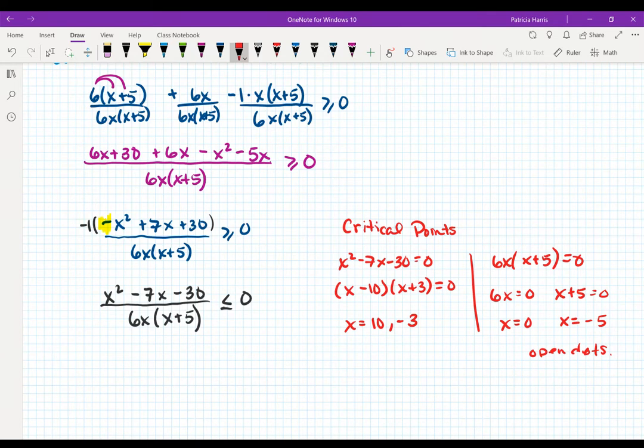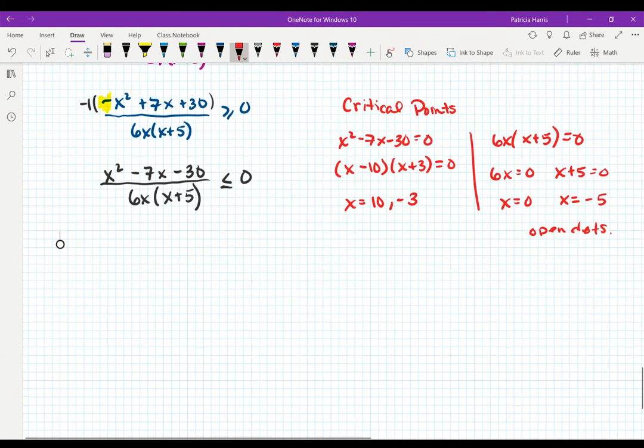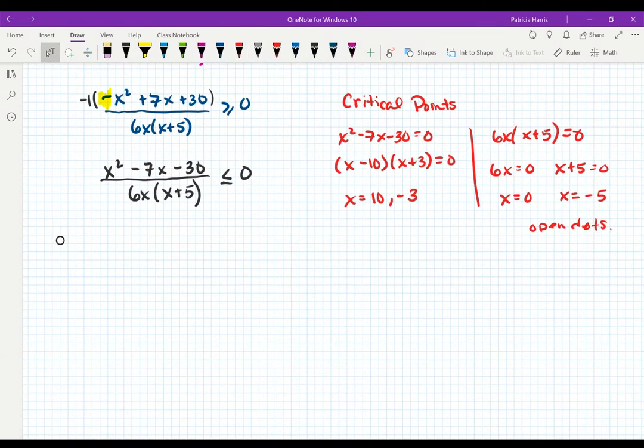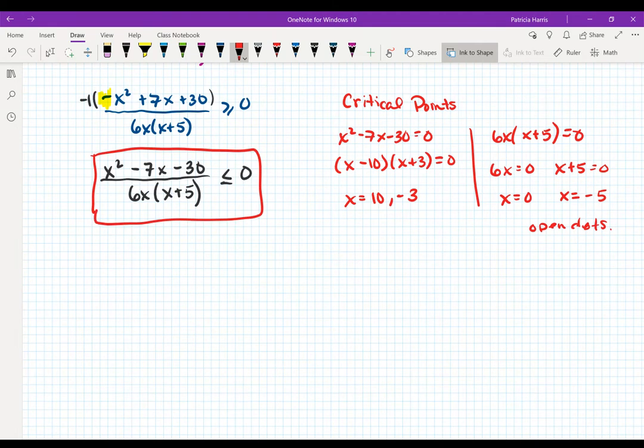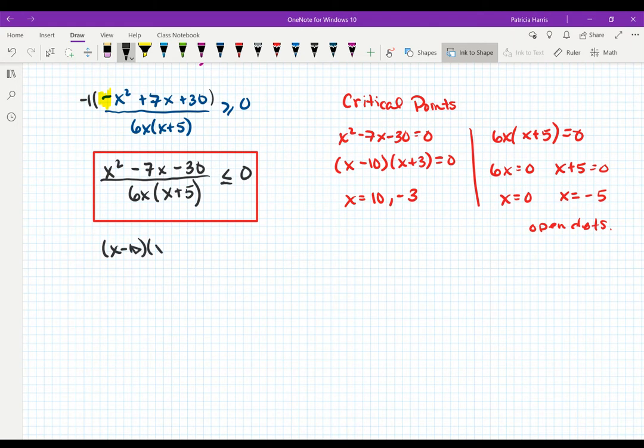Okay, number line time. Now again, when you test your critical points, up to you, but you can use this form, or you might want to try out this guy. Nope, that didn't look right, did it?